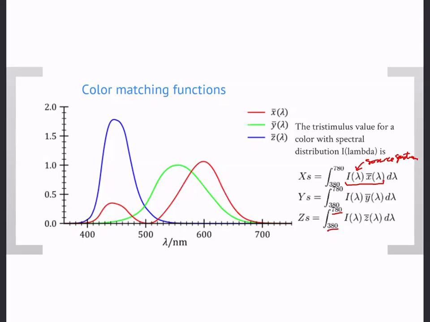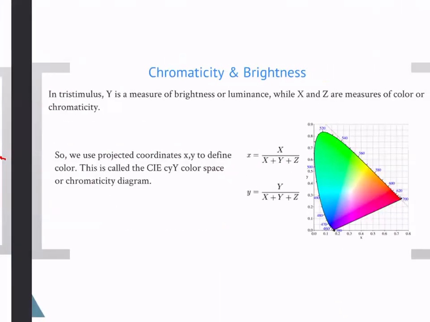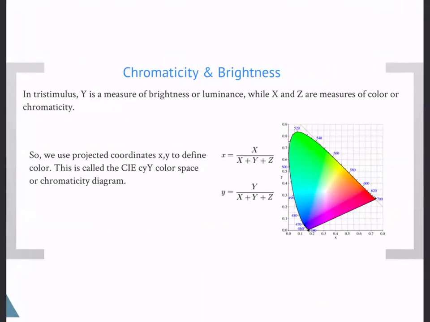X bar lambda, Y bar lambda, and Z bar lambda are standard curves, which are shown here. Okay, and they represent the blue part of the spectrum, green part of the spectrum, and the red part of the spectrum. So that gives a value for these 3 values for the color, and they're plotted in this curve, which is referred to as a chromaticity diagram.